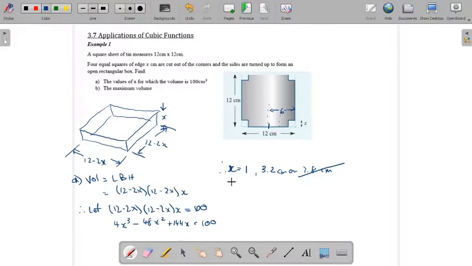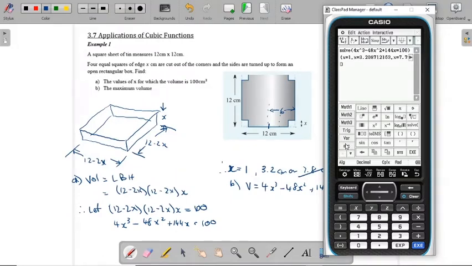Part B, then, we're going to look at what we've got here. This is an expression for our volume. Volume is equal to 4x cubed minus 48x squared plus 144x. So let's go to our calculator.